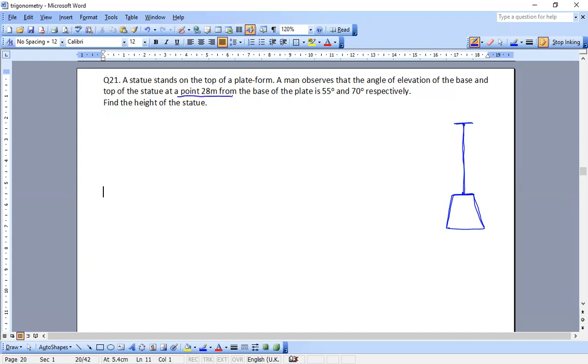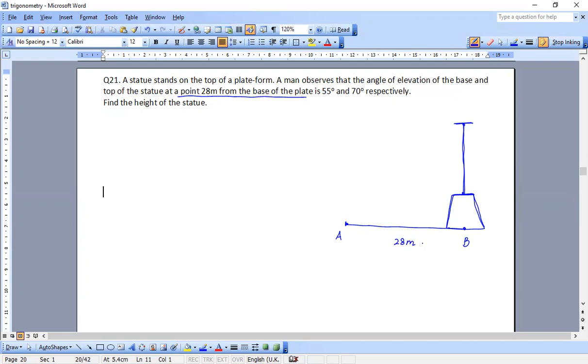This is the point from where that man is observing. The point is 28 meters from the base. So I am considering that this distance is 28. The man is standing at this point, point A, and the base of the platform is B. Distance from A to B is 28 meters.